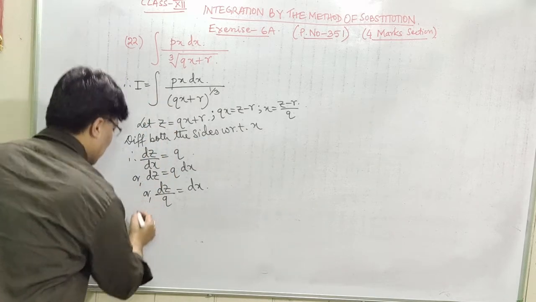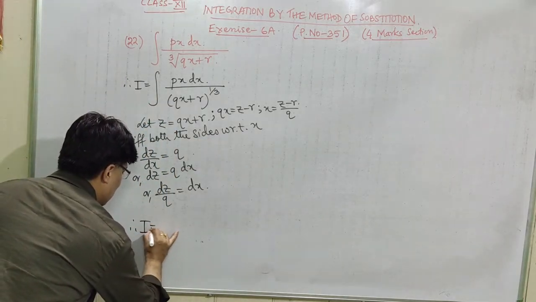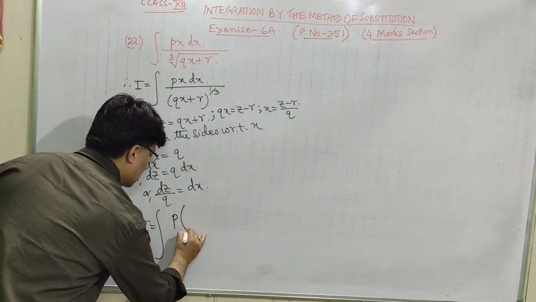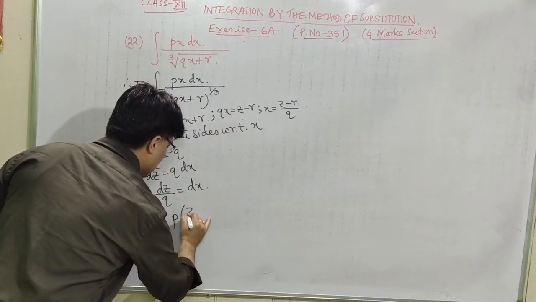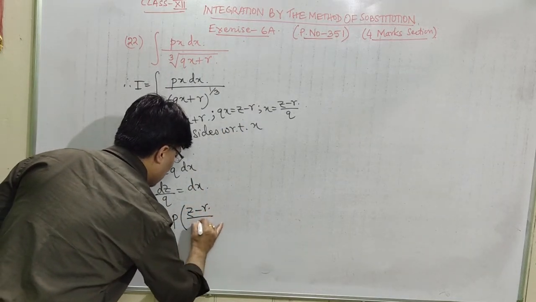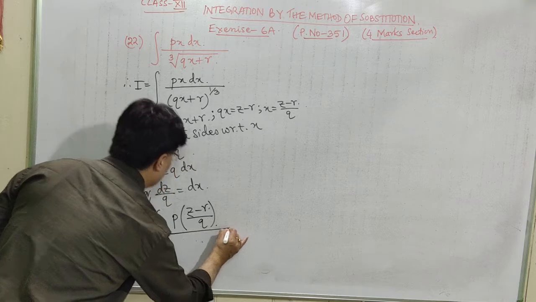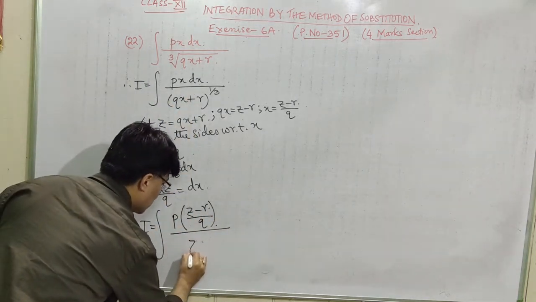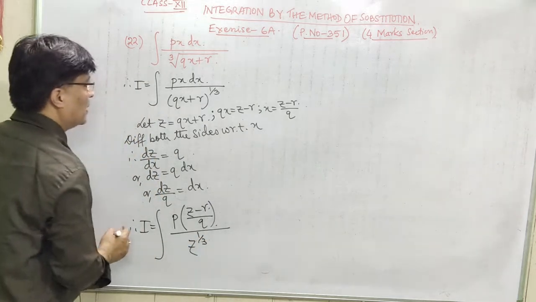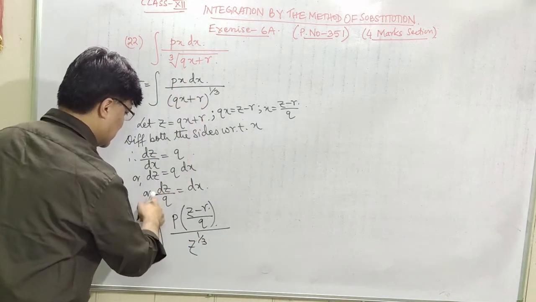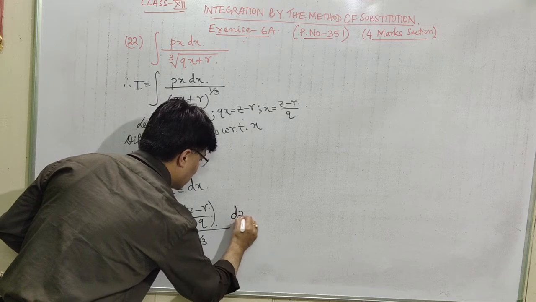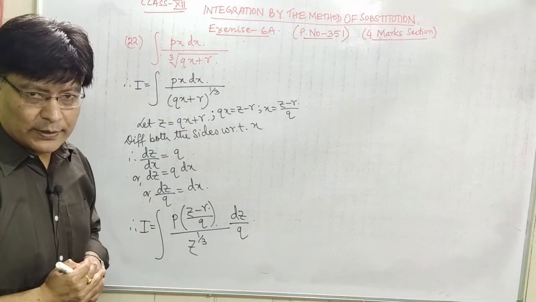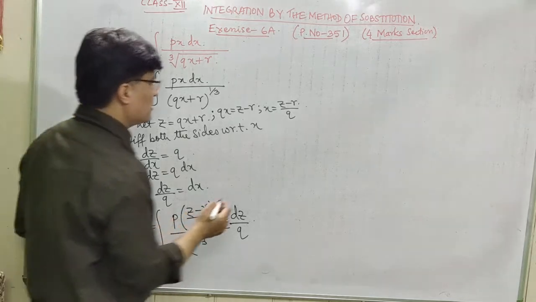So let us put it in I. Therefore I is equal to the integration of p remains as it is, within bracket the value for x, which is z minus r by q, bracket closed, whole divided by qx plus r, which is z, so it is z to the power 1/3. And dx is dz by q. So let us simplify it first.